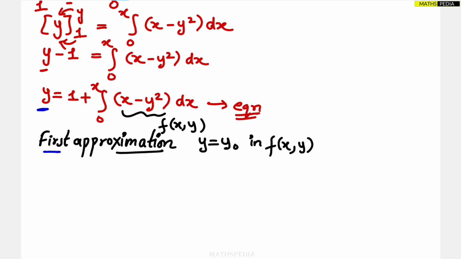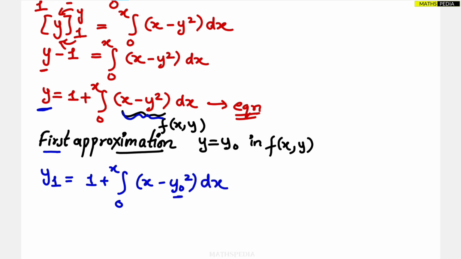First approximation basically means the y value I have to give as y1. Second approximation y2, y3, so don't get confused. y becomes y1 on the LHS, and inside the integral we substitute y as y naught: y1 is equal to 1 plus integration of 0 to x of x minus, now here y will become y naught.